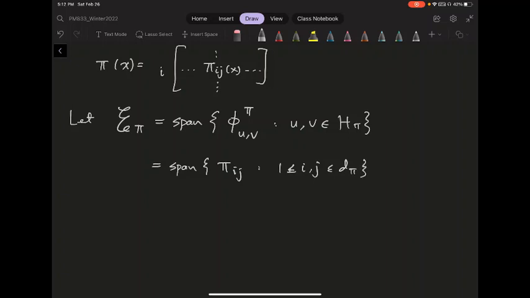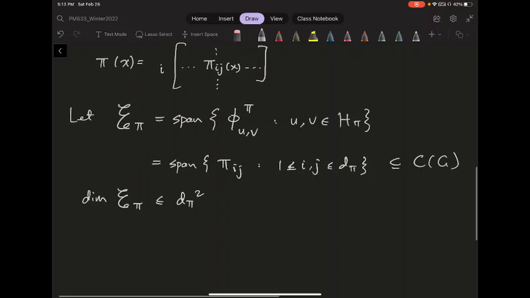This E pi is a space sitting inside C of G, but you can also think of it as sitting inside all the LP of G, say L1 or L2 of G. And this is a finite dimensional space because you have a finite span. The dimension of your E pi is less than or equal to d pi squared because these pi ij span your entire space.